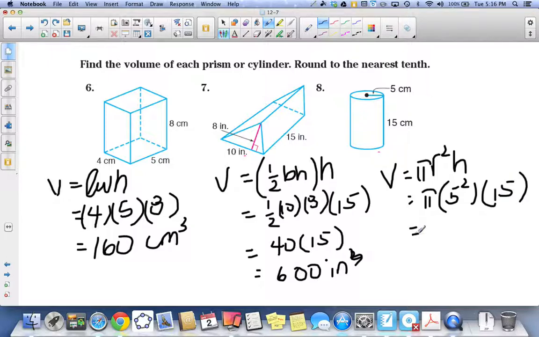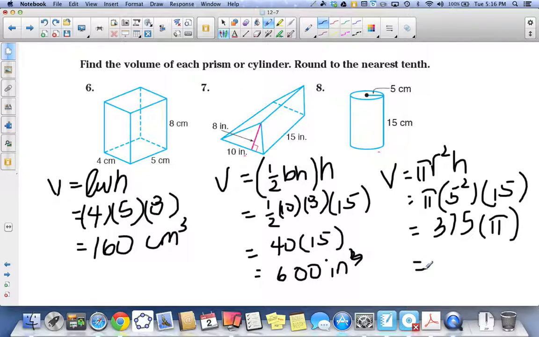So this is 25 pi times 15, and 25 times 15 is nothing more than 375 pi.